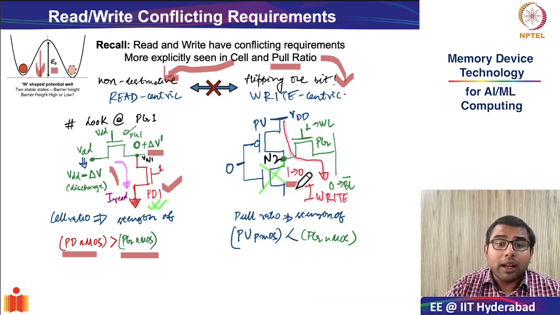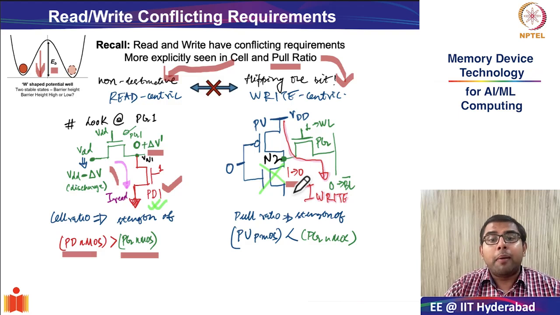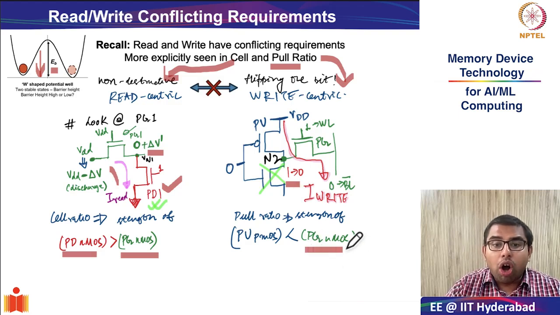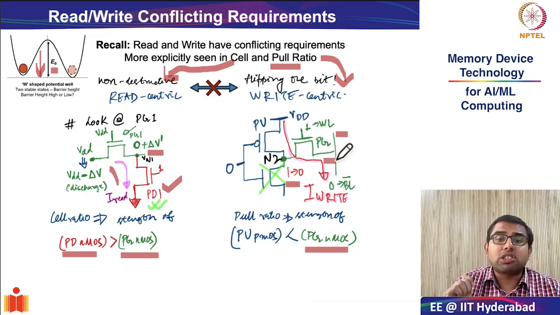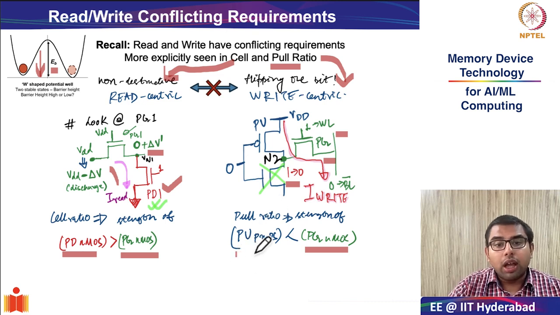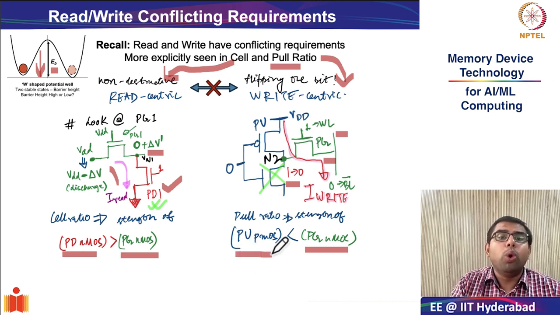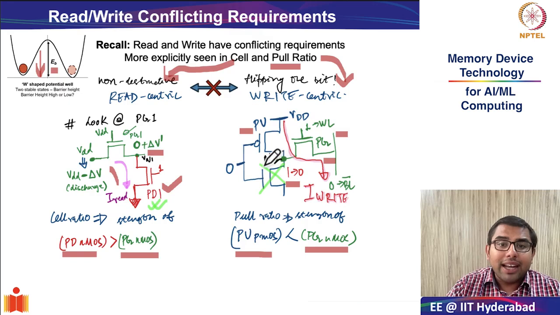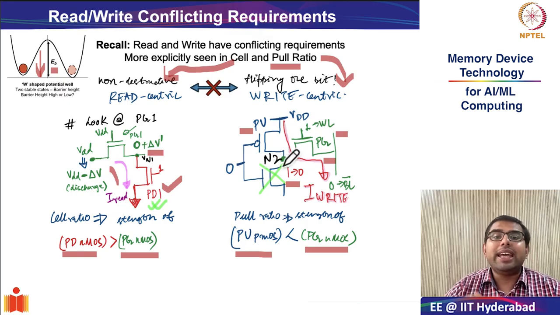This was ensured by making sure that the strength of the PG NMOS transistor, or the access transistor, was much larger compared to the strength of the PU, or pull-up, PMOS transistor. If you ensure that, the value at N2 will very easily flip from 1 to 0 because BL bar was charged to 0.